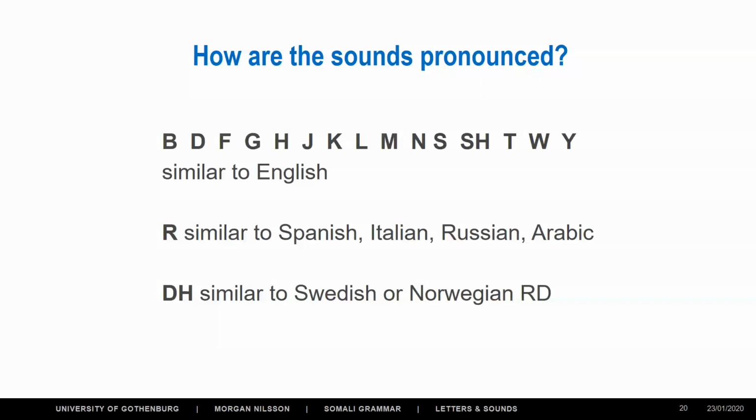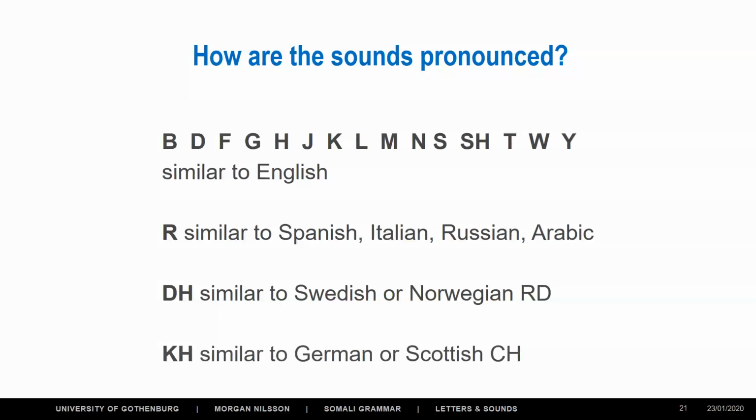It's produced by putting the tip of the tongue higher up on the ceiling of the mouth, roof of the mouth. So you make the tip of the tongue curl backwards, upwards, and then touch a point higher up, a little bit further back than you normally do when you pronounce a D.